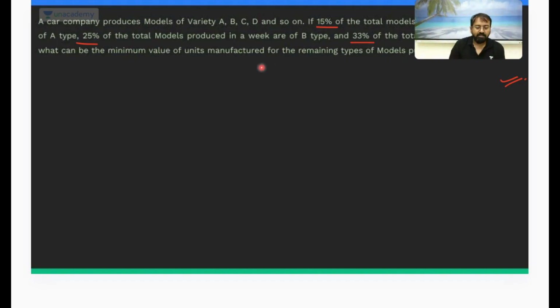So what will be the number of cars produced for other models? Tell me. What will the answer be here? 27.